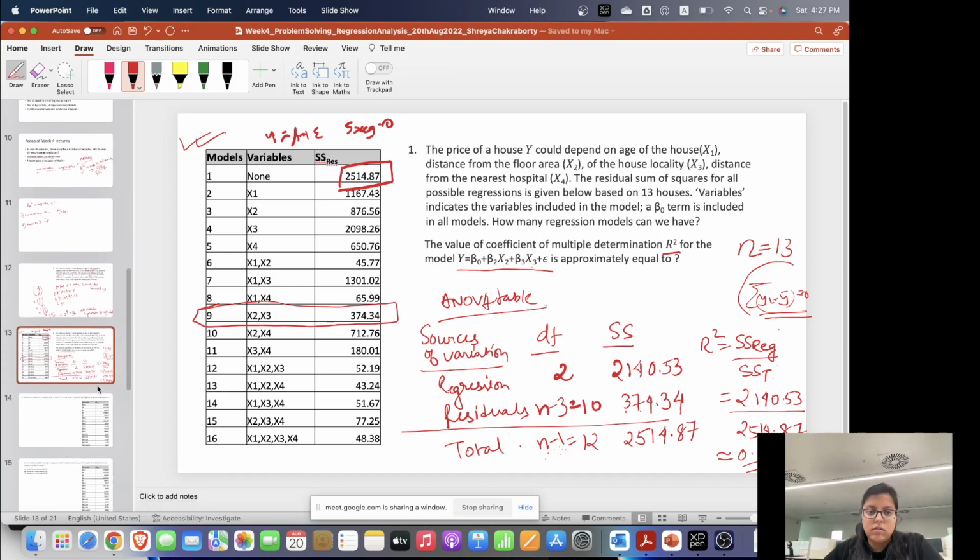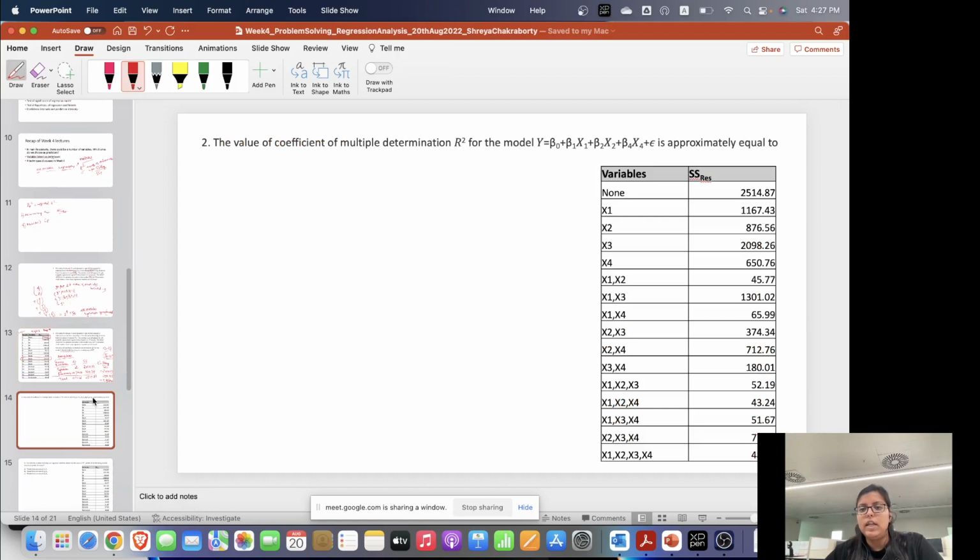Similarly, if we are to find out the coefficient of multiple determination for this model, beta 1 x1 plus beta 2 x2 plus beta 4 x4, here again we draw the ANOVA table.